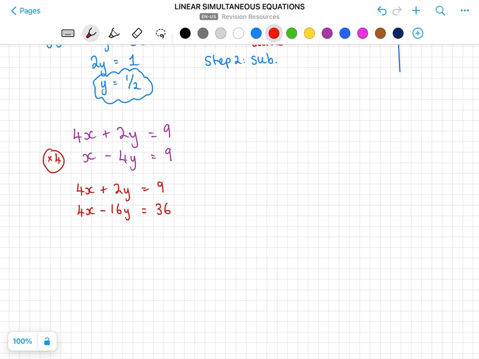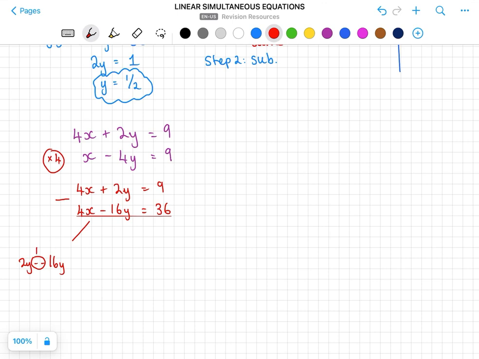So we've made our x's the same. Now we are subtracting because 4x take away 4x cancels out. Be careful with your signs here. 2y minus 16y.